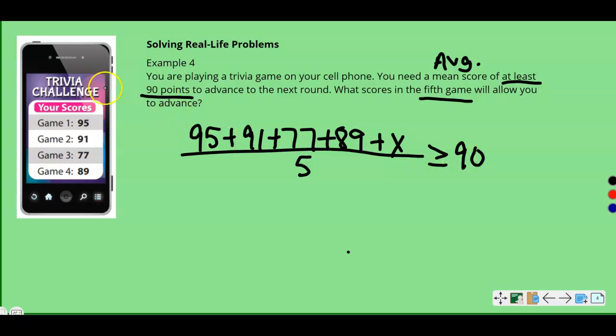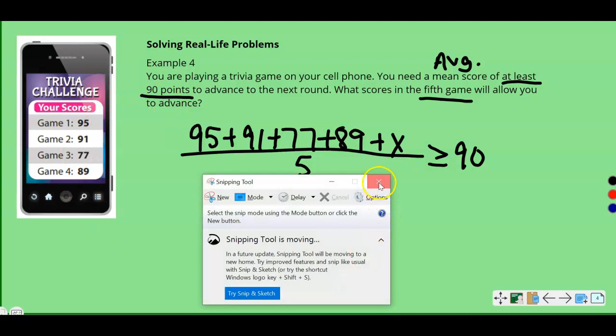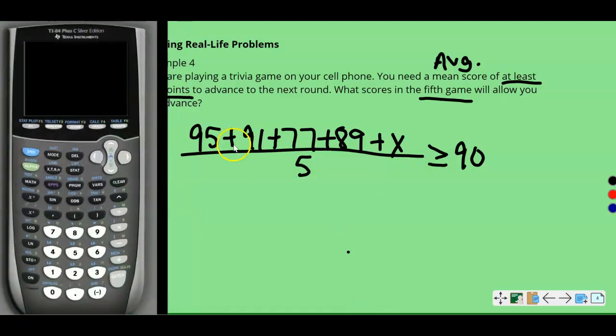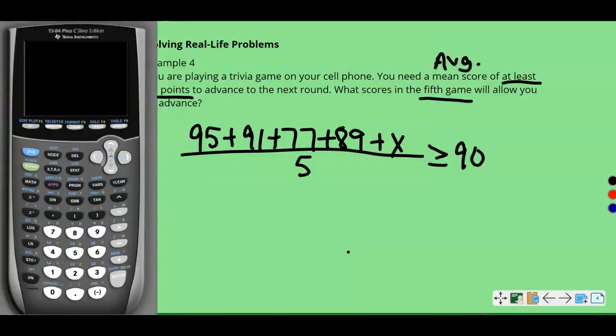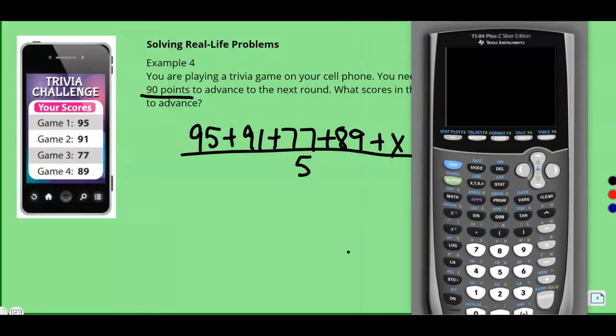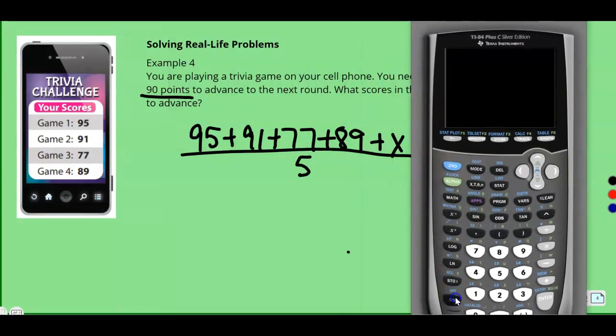All right, so we can add these 4 scores up. Let's add these 4 scores up and see what we get. Okay, my calculator has a mind of its own. There it is.